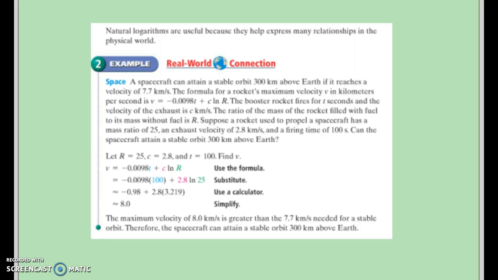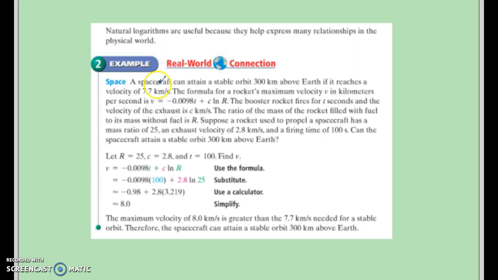We use natural logs because they explain a lot of things in the natural world. Okay, so here we go. Here's our real world connection. A spacecraft can attain a stable orbit 300 kilometers above Earth if it reaches a certain velocity, and that velocity is 7.7 kilometers per second.